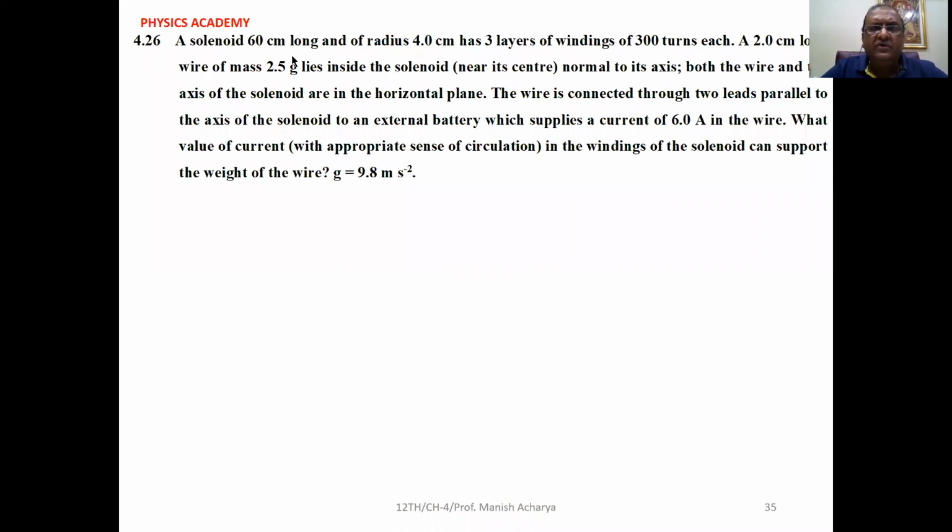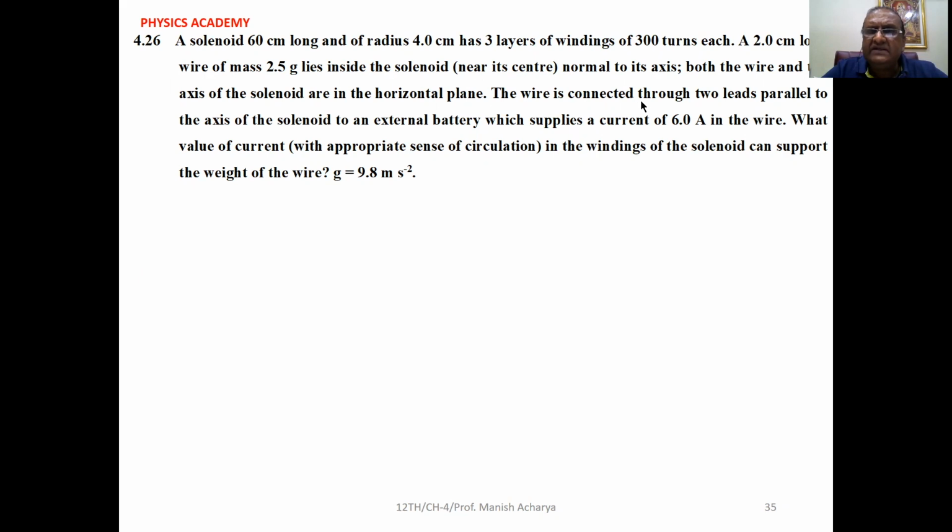4.26. A solenoid 60 centimeter long and of radius 4 centimeter has 3 layers of windings of 300 turns each. A 2 centimeter long wire of mass 2.5 gram lies inside the solenoid near its center, normal to its axis. Both the wire and the axis of the solenoid are in the horizontal plane.